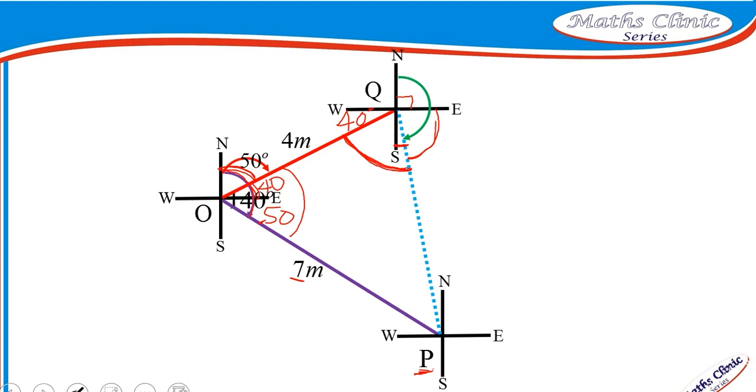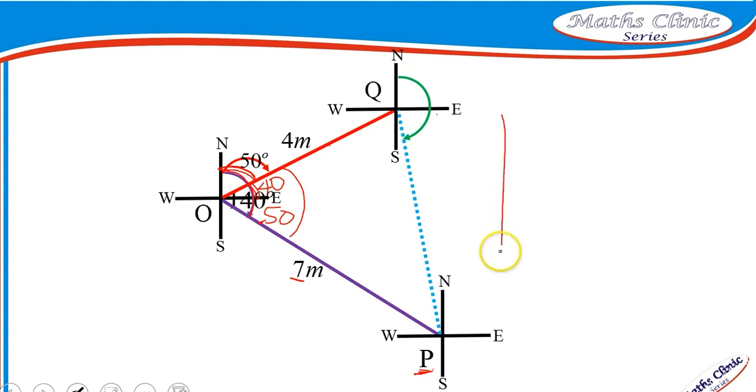I'm saying 230 because if here is 40, then the whole angle from the north pole up to the red line here will be 230 degrees. So if I know the angle from the red line to the blue line, I can take that from the 230, then I'll get the whole angle from here up to the blue line. That is what I want to do right now. So I need to find this angle. Hope it makes sense.